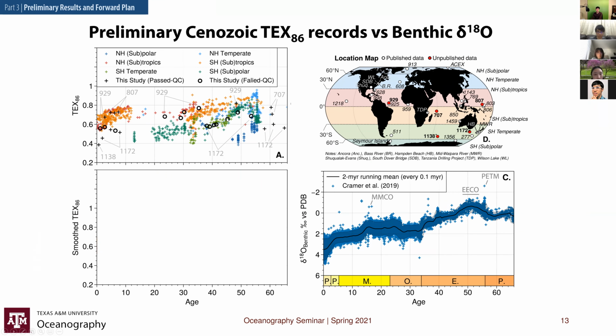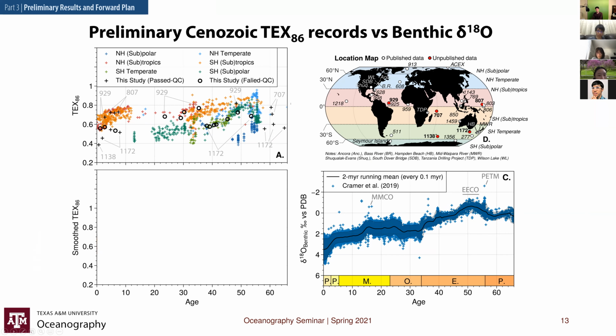For example, the data from site 1172 here is coming from the southern hemisphere temperate regions, a little bit south of Australia, and it's aligned well with the published data, similar to sites 807 and 929.